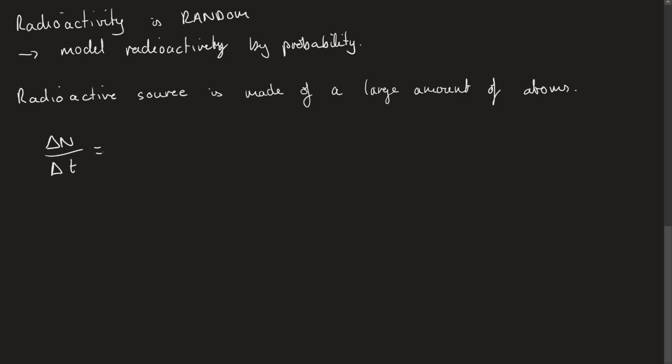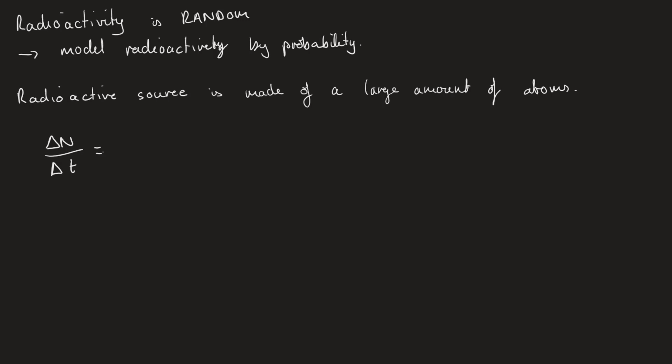Now, I can come up with some rough idea of this, and I know, for example, that it will be dependent on the number of atoms that are currently in the radioactive source itself.